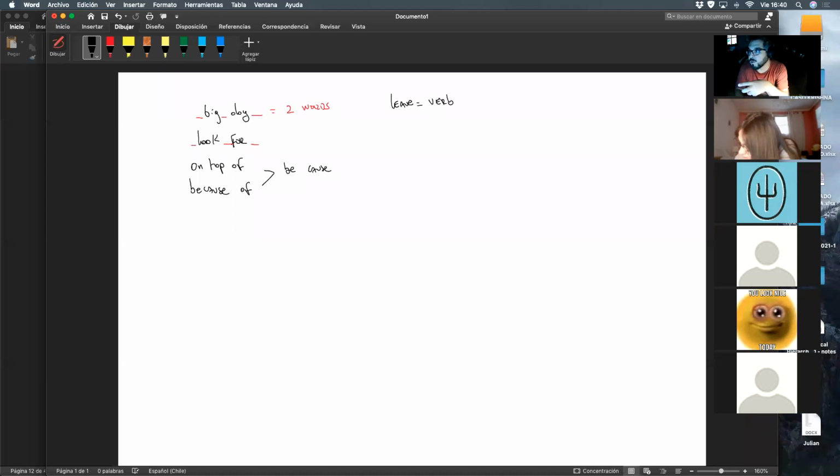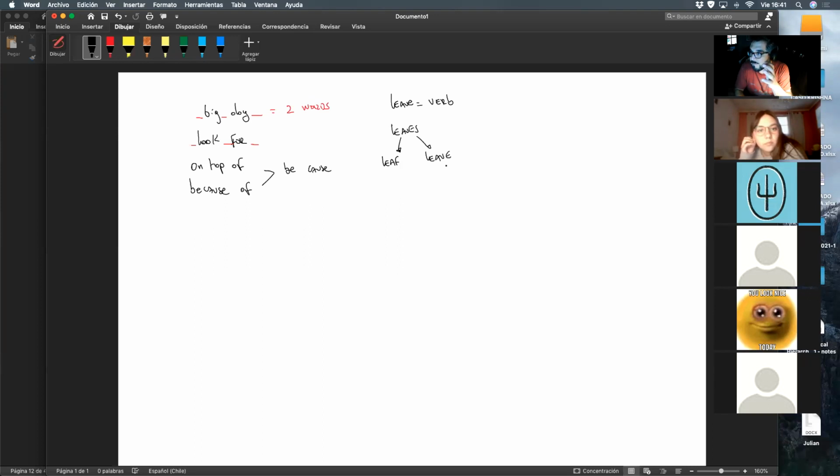So a word will be considered to be a word if it can be classified into one of the parts of speech. But it also has a problem because there are words like, for example, leaves, which can be classified into two different categories. Leaves can be the plural form for the noun leaf, hoja, hojas, or it can be the third person singular for the verb leave.